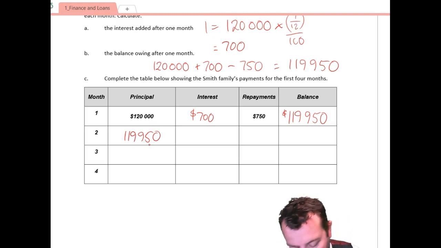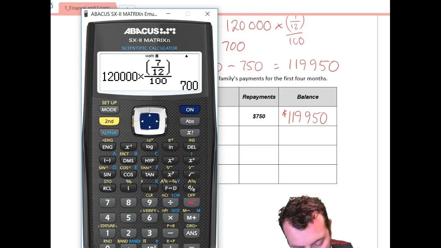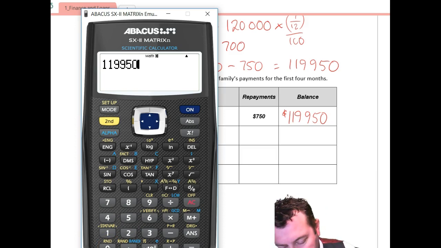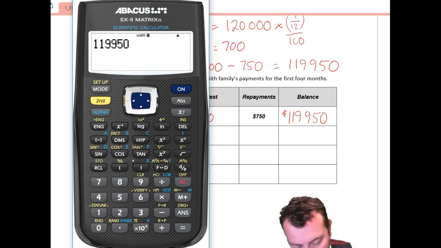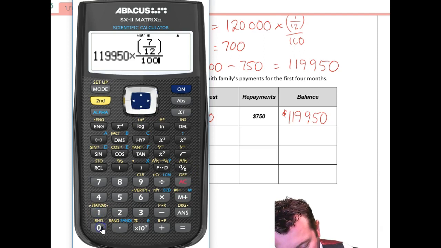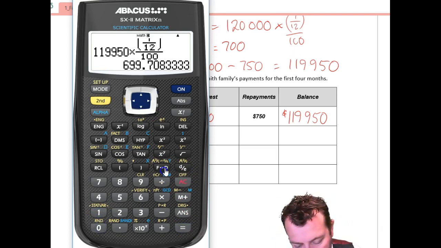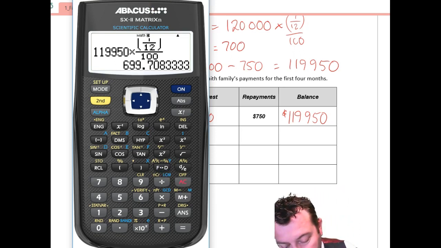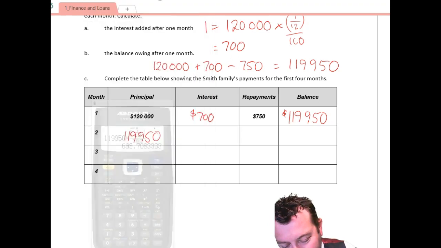The interest this time is 119,950 times, in brackets, 7 over 12, over 100. So you can see here my second month, the interest is slightly less than before, $699.71.